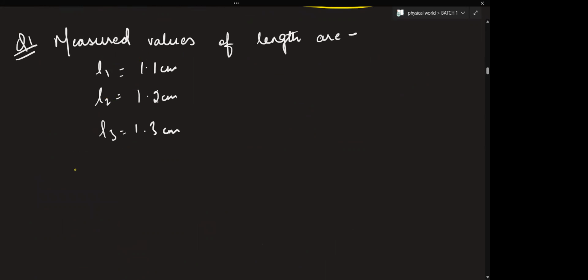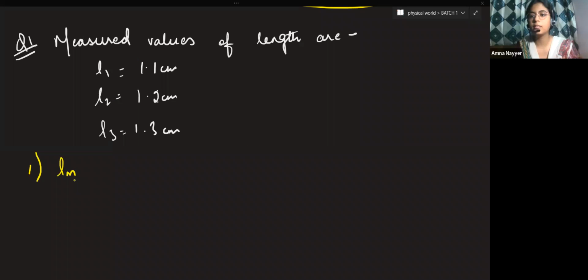See, first part is very easy, to calculate the true value or the mean value. L_M, let's say here we have the dimensions as L. So L is the length that you have. So you have 3 values. Mean you have to take. What did I tell you? Add all the quantities that you have and divide it by the number of quantities that you have.